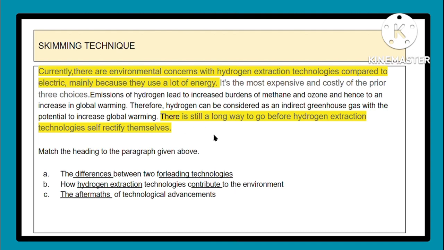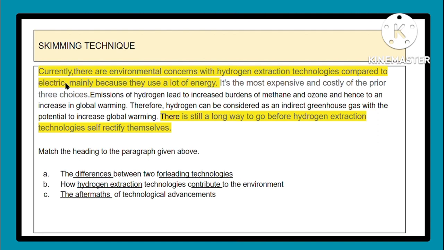and see the differences between the two leading technologies. I know that the passage isn't talking about the differences. Overall, it's talking about the energy. For example, there are environmental concerns with the hydrogen extraction compared to the electric, and mainly because of a lot of energy.